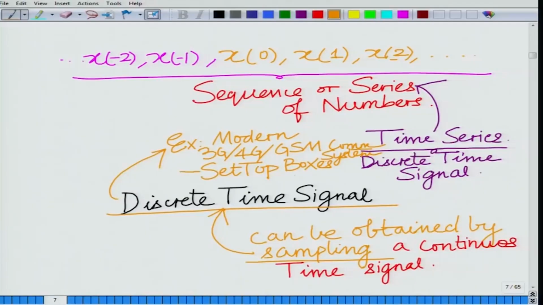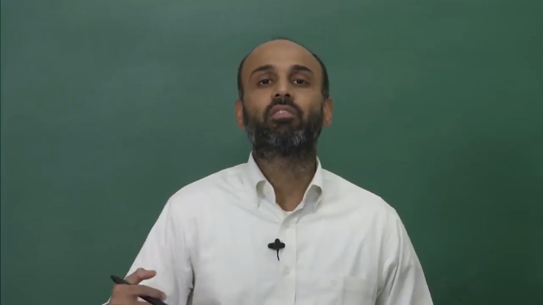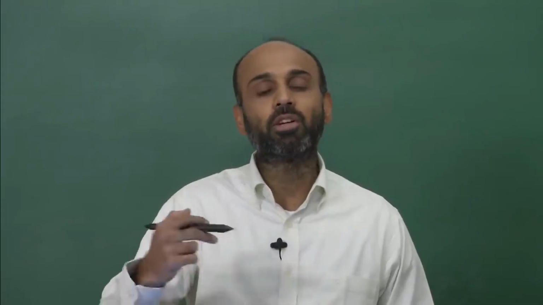These set-top boxes for TV are your digital cable basically. These are digital communication systems which represent information digitally, and they are processed as discrete time. It is convenient to process the signals as discrete time signals, and these discrete time signals, as I have told you, have to be obtained by suitably sampling the continuous time signals.